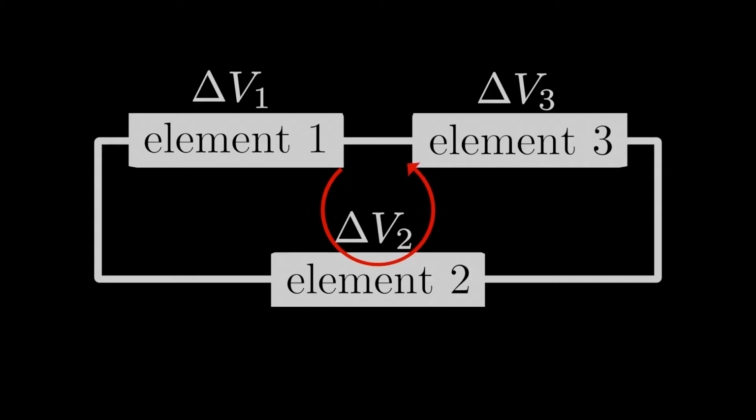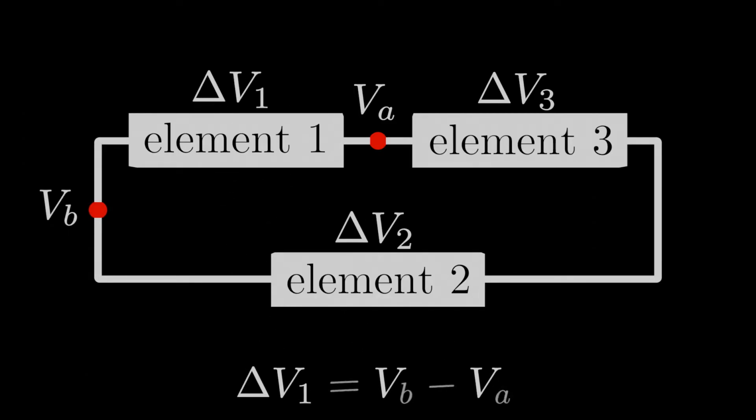For example, imagine the electric potential along this portion of empty wire is V sub A, and the electric potential here is V sub B. Then we say the potential difference across element 1 is V sub B minus V sub A, not the other way around. If VB is greater than VA, then delta V is positive, and if VB is less than VA, then delta V is negative.